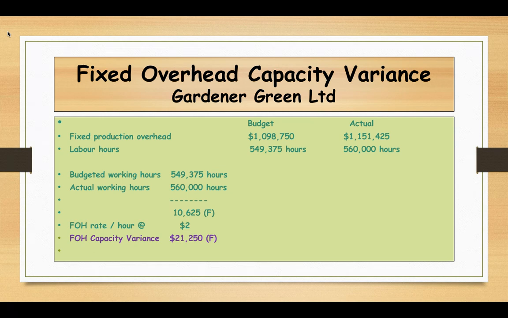So the budgeted overhead rate is 1,098,750, this is our budgeted fixed production overhead, divided by the budgeted labor hours, which is 549,375. So we get fixed overhead rate per hour is $2. So the capacity variance is $21,250 favorable.